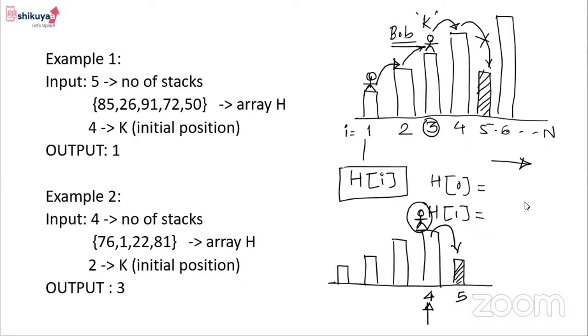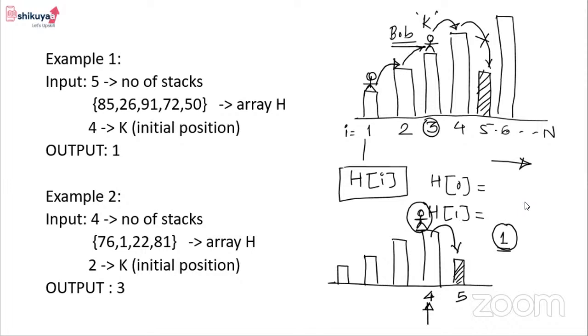Therefore, the output is 1. That means how many stacks Bob has jumped, including the current stack. He cannot jump to any other stack, and the current stack is 1. So including the current stack, the output is 1.